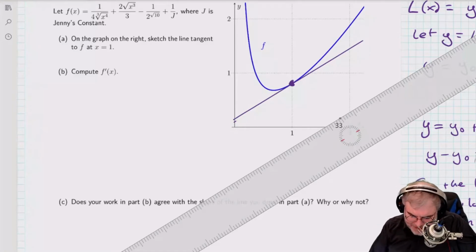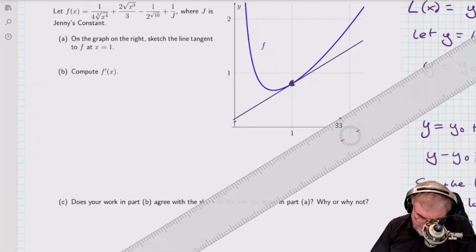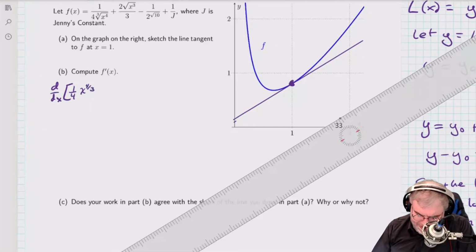Okay, so this is a mess. It's over-decorated, right? I want to take the derivative with respect to x of the following. So I've got 1 over 4 x to the 4, so this is going to be negative 1/4 x to the 4th over the cube root.